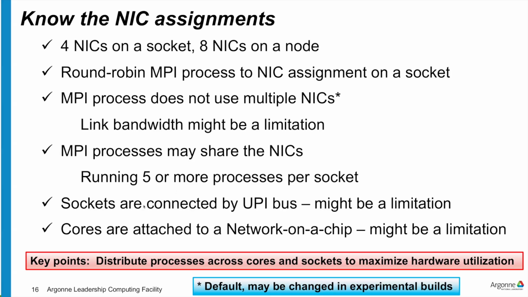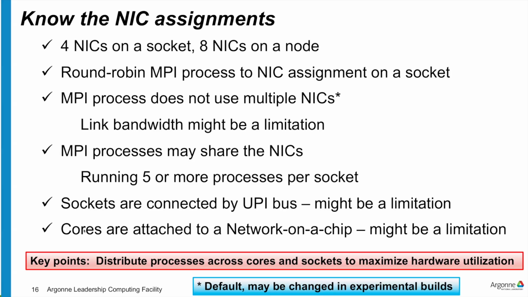Obviously, understand that the cores must be connected in some way through a network on the chip, and each core has quite limited capabilities of using the connection. It is connected to the network on the chip. Therefore, the consideration of a single core using the entire memory or a single core driving the entire NIC is quite important.